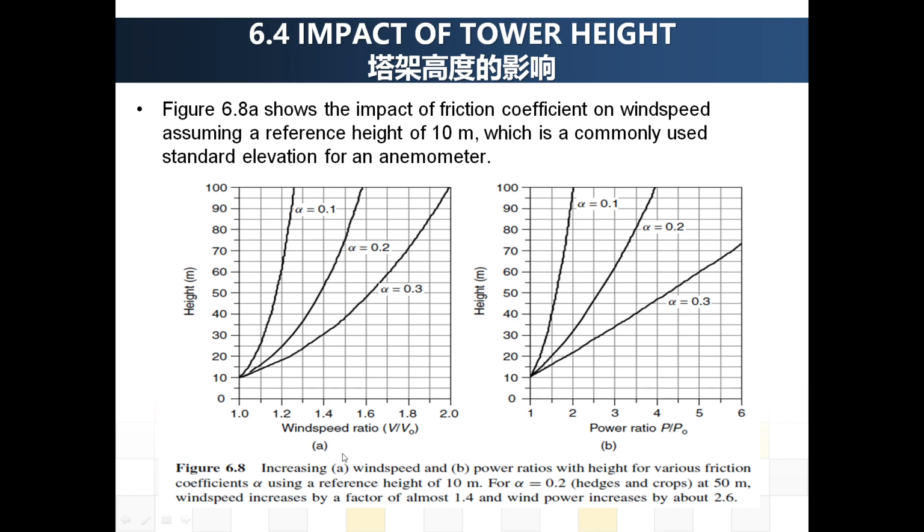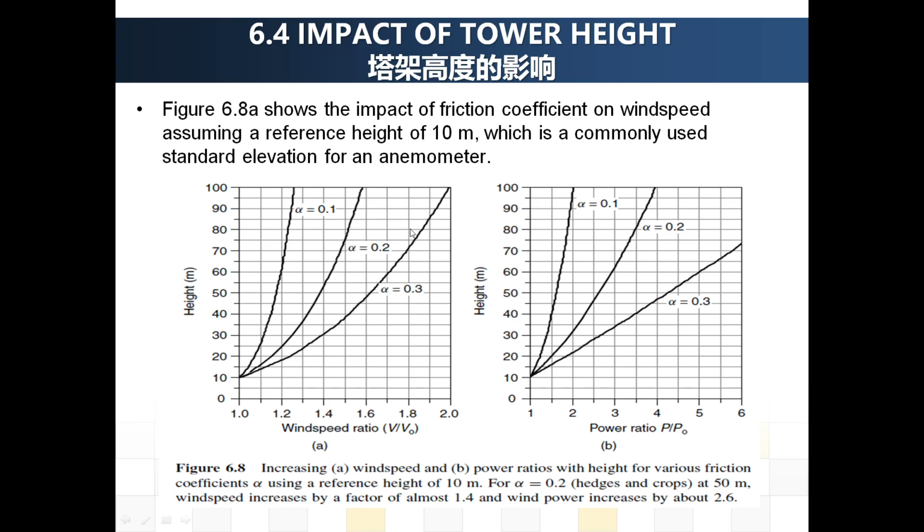Another way we can see it is that as the height increases, even with the same friction coefficient, the wind speed ratio also increases. Which means the higher the tower, the more wind speed we can get.